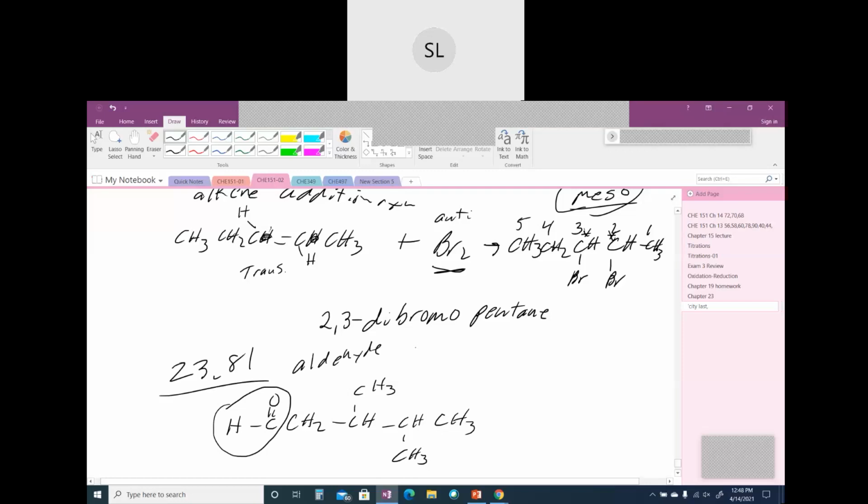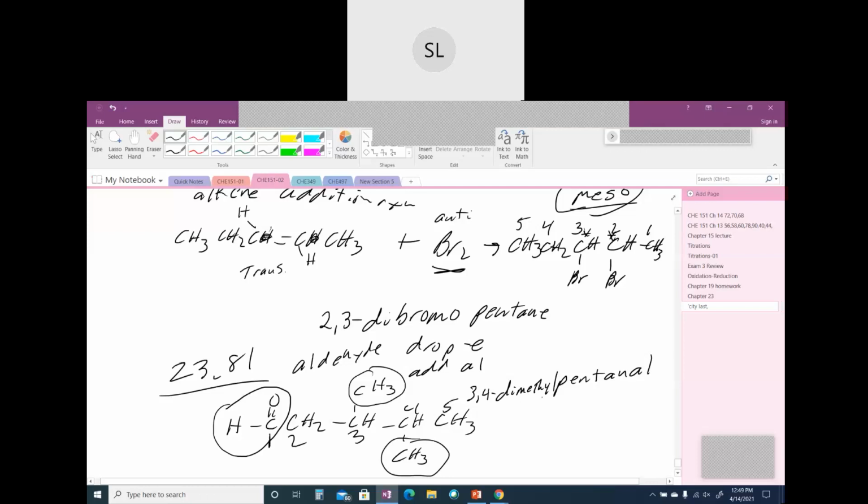And you will know when you're naming this that you're going to drop the E and add Al. And that has to be carbon number 1. So longest carbon chain, 1, 2, 3, 4, and 5. So you would have a pentane. But you know you have an aldehyde, so you're going to drop the E of pentane and add Al. You have a pentanal. And then you see off of carbon 3, you have a methyl. Off of carbon 4, you also have a methyl. So you have a 3,4-dimethylpentanal.